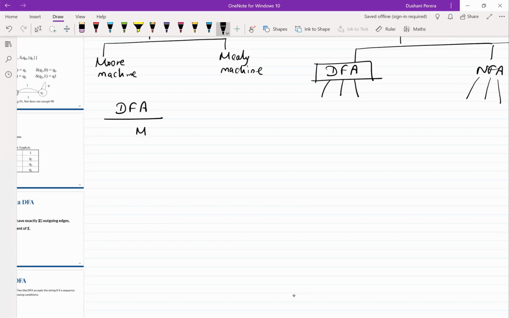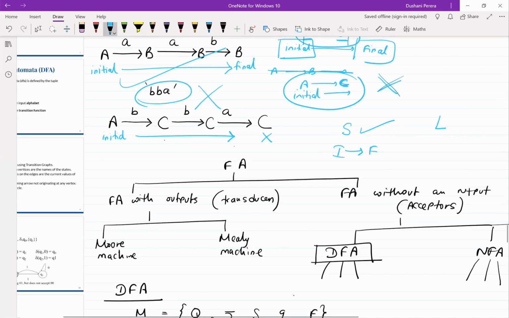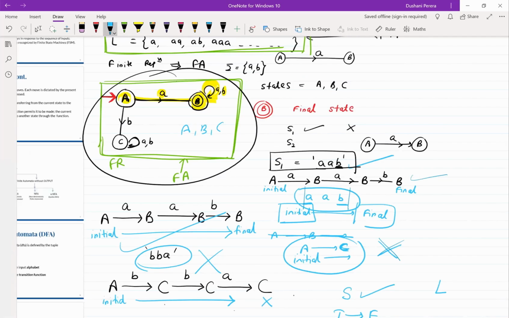So a DFA is defined by a 5-tuple. Do you remember last week we discussed tuples, 2-tuple, 3-tuple, so this has 5 parameters. This Q is the set of states. Taking capital A, B, C, that is the set of states in that.